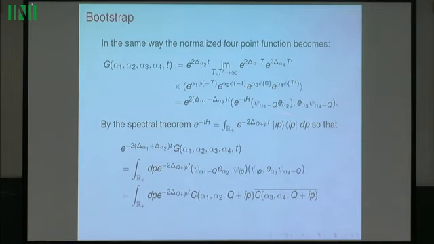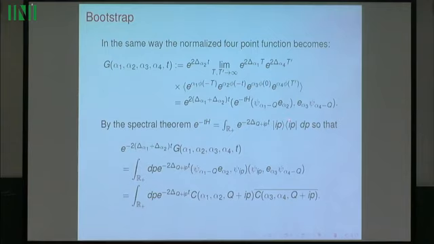The bootstrap is nothing but the spectral theorem, because this is an inner product where the Hamiltonian is acting on this and that. So let's use the spectral theorem, where I can write the semigroup as an integral over the spectrum of the exponential of the eigenvalue times projection to the eigenstates. I write it in the physicist notation here.